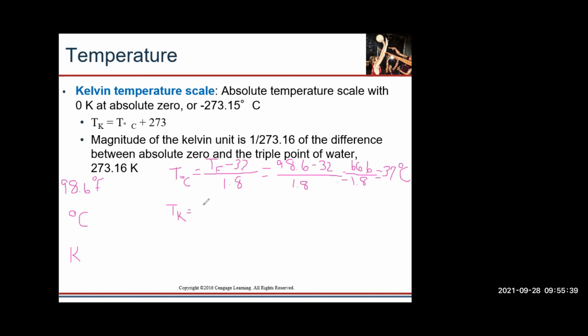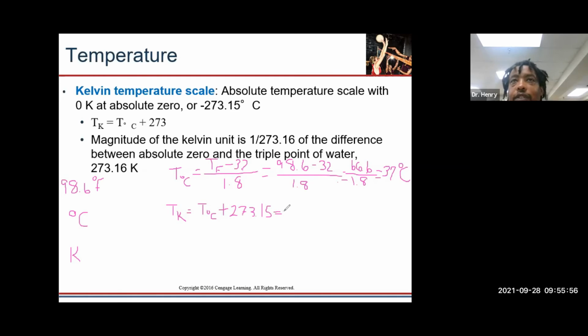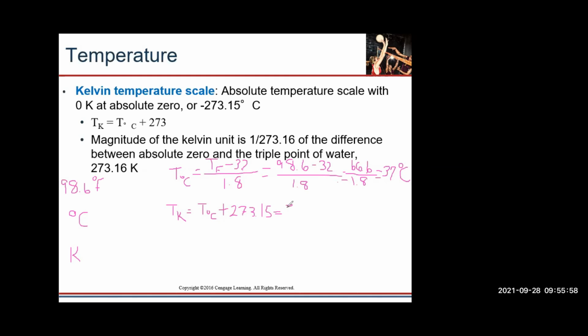TK equals Celsius plus 273.15. So that equals 310.15 Kelvin.